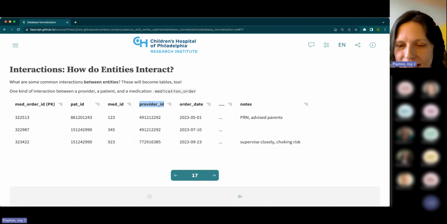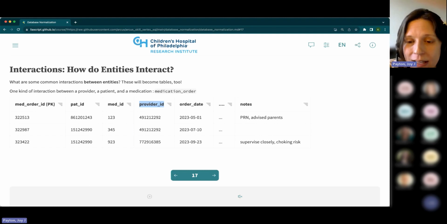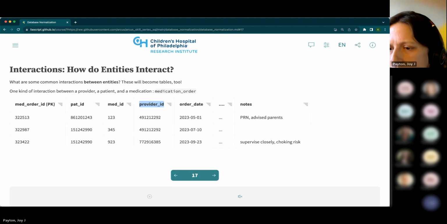So let me ask, I'm going to invite your chat again. Is Pat, P-A-T, patient Pat underscore ID in this table that you see on your screen, is this a primary key? Yes or no? And why? Why do you think it is, or why do you think it's not a primary key? All right, I have some no's. Very good. Yep, there are multiple instances.